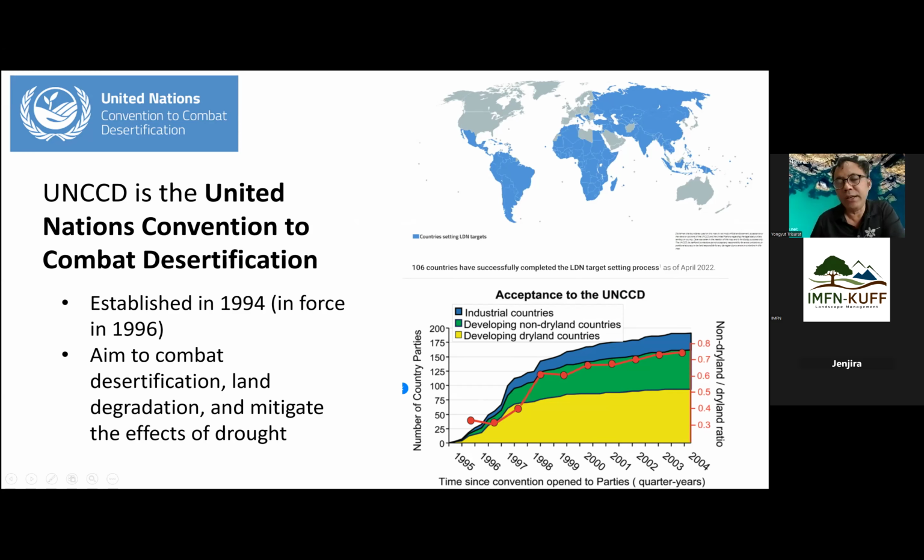Most of the countries in Southeast Asia, except Malaysia and Indonesia, have already endorsed it, shown in blue. In Thailand, the Land Development Department under the Ministry of Agriculture and Cooperatives is the national focal point that coordinates and engages with UNCCD.